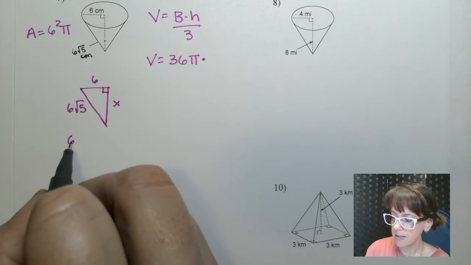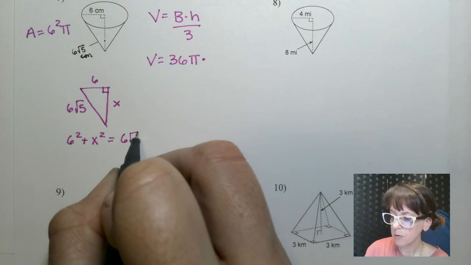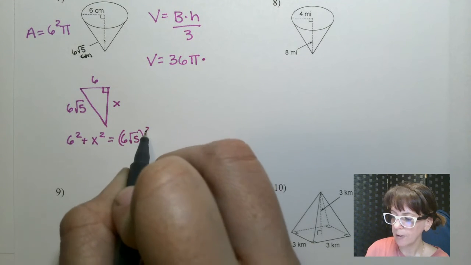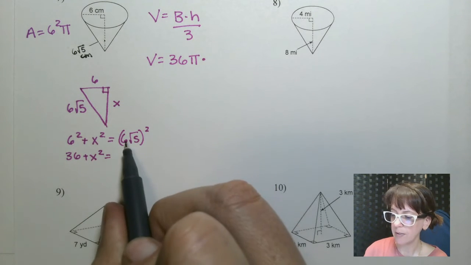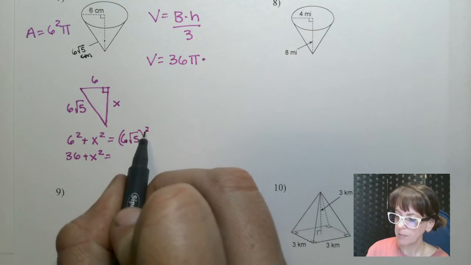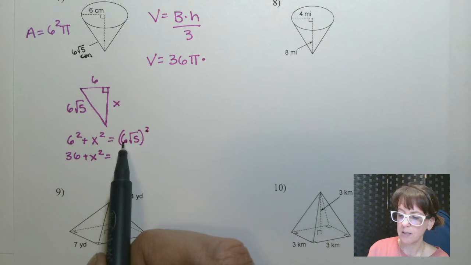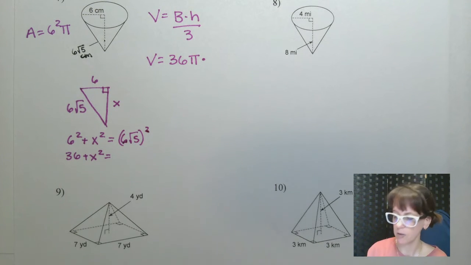We can say 6 squared plus x squared equals 6 root 5 squared. So this gives us 36 plus x squared equals, now that's going to be 36, and then we multiply 36 times 5. Because the 2 is being distributed to the 6, that gives me 36, and then the square root of 5 squared is just 5.